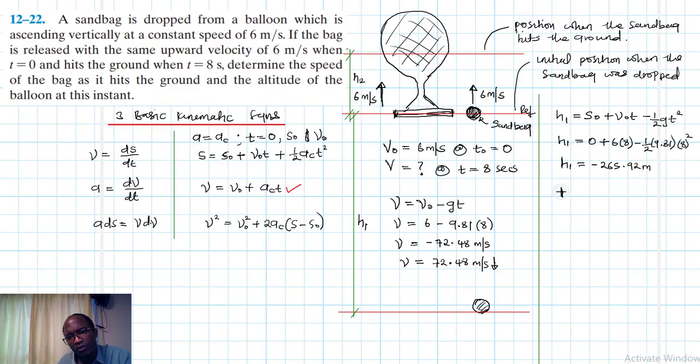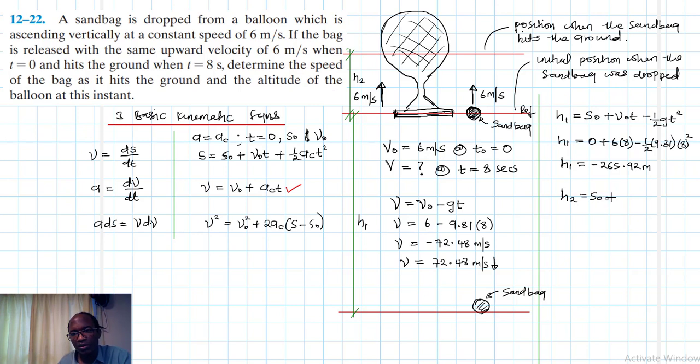Then H2 is going to be equal to, when the bag hits the ground, this is the sandbag. When the sandbag hits the ground, the balloon will have moved. Mind you, the balloon is moving at a constant speed of 6 meters per second, and when you have constant velocity, what happens to the acceleration? Acceleration is 0.